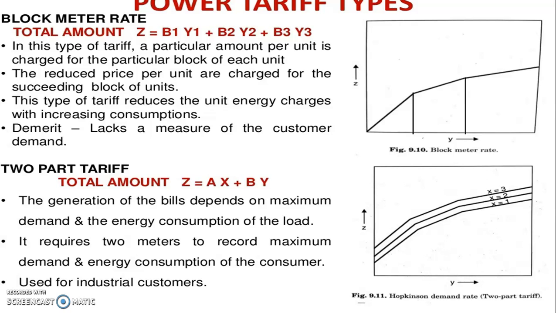The generation of the bill depends on the maximum demand and the energy consumption of the load. It requires 2 meters to record maximum demand and energy consumption of the consumer. It is used for industrial customers.